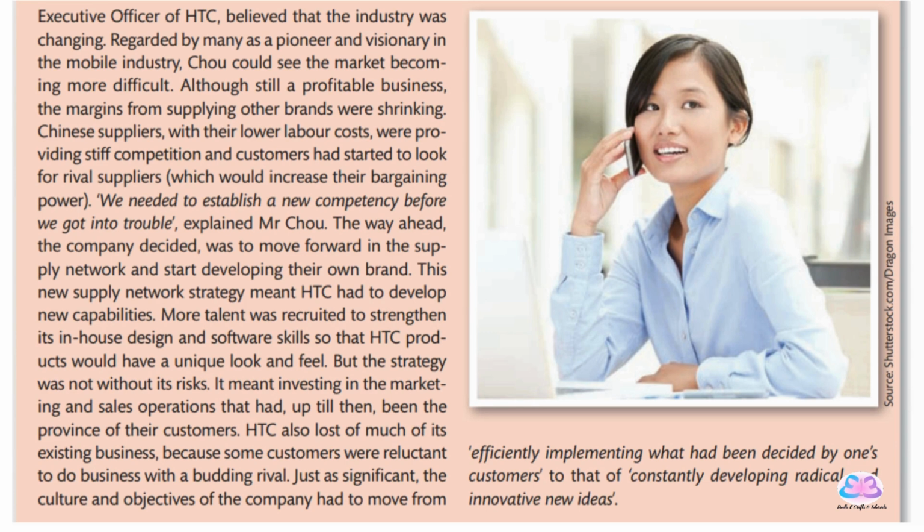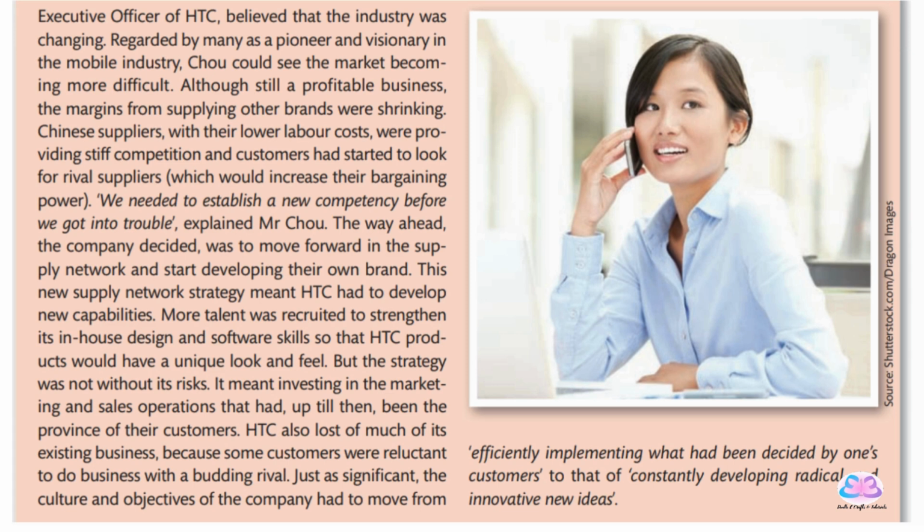HTC, originally an original design manufacturer, was a key supplier of high-end smartphones for well-known brands and mobile operators like Verizon and Orange. Despite its strong reputation for innovation and reliability, HTC was largely unknown to consumers.